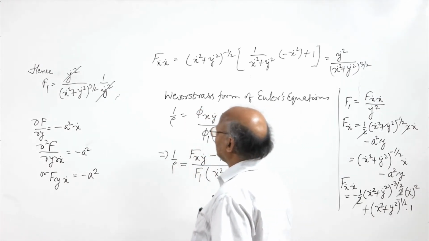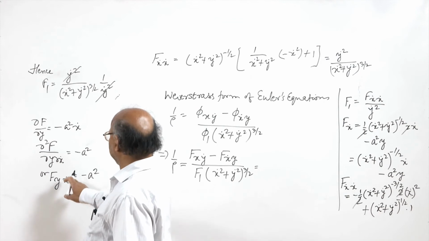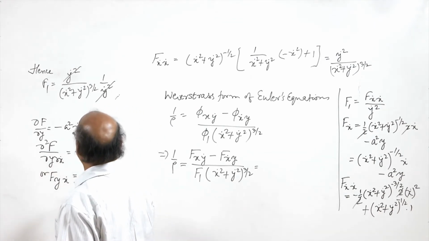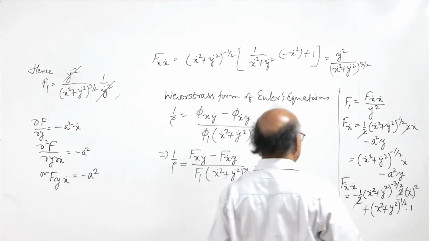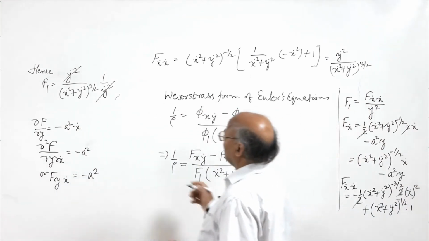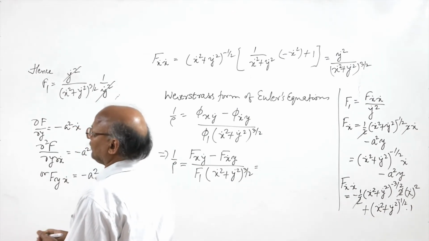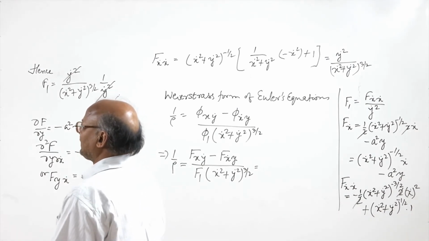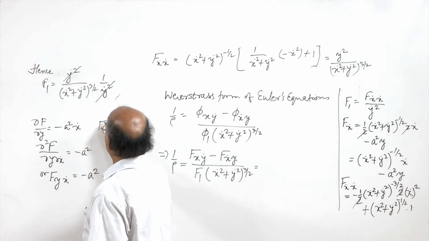f x y dot minus f x dot y, which we had found. f x y dot came out to be equal to a square.